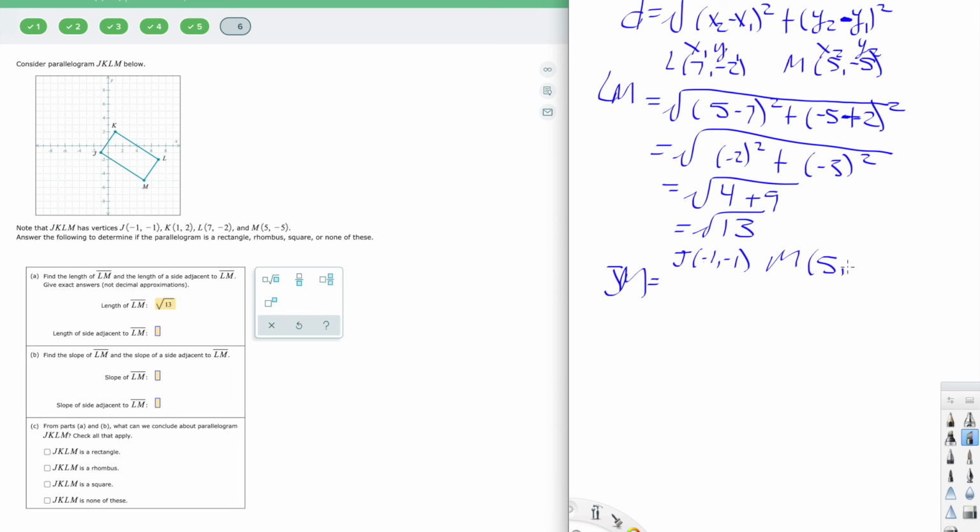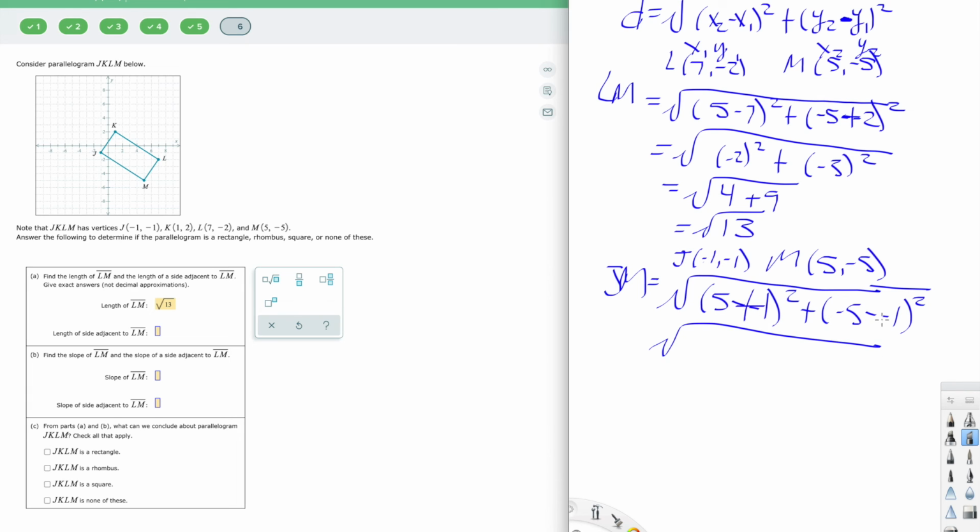All right, so I have 5 minus negative 5 plus negative 5 minus negative 1. I wrote it correctly anyway. Both of these turn into plus signs. So I have 6 squared plus negative 4 squared. So I end up with 36 plus 16.